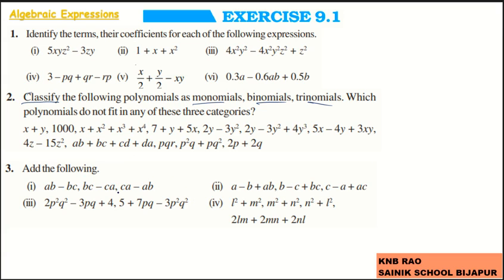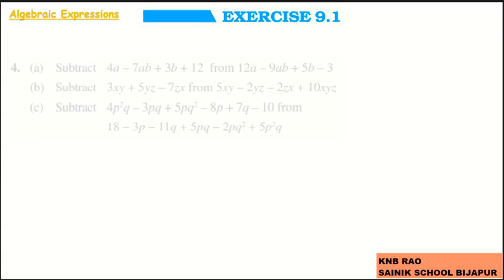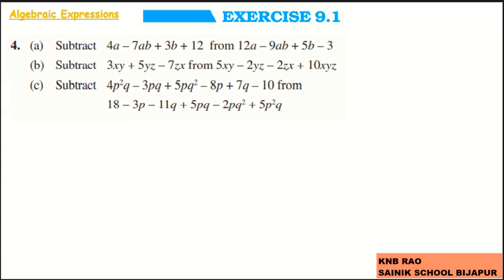In each sub question, we are given some algebraic expressions and we are asked to do addition of them. Then coming to the question number 4, we have got 3 sub questions and in each sub question we are asked to do subtraction of algebraic expressions.